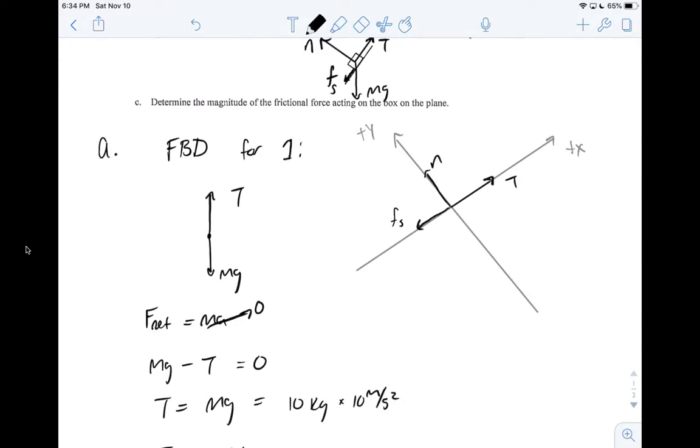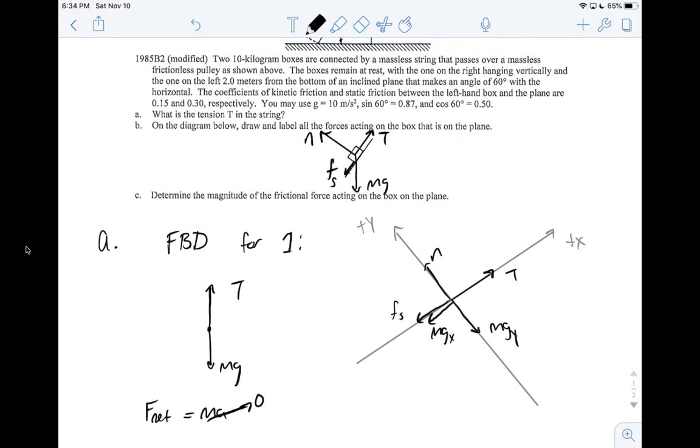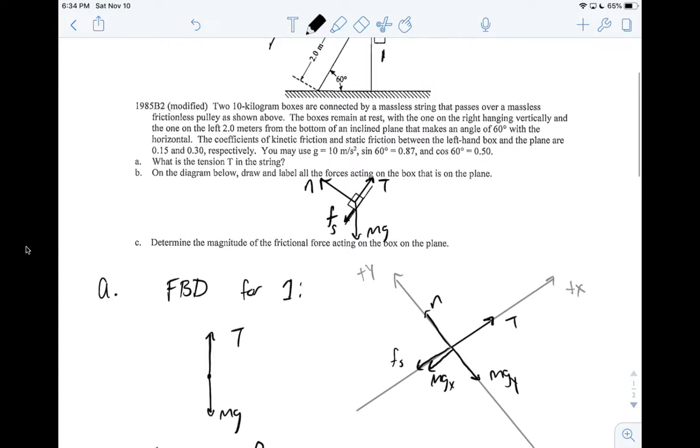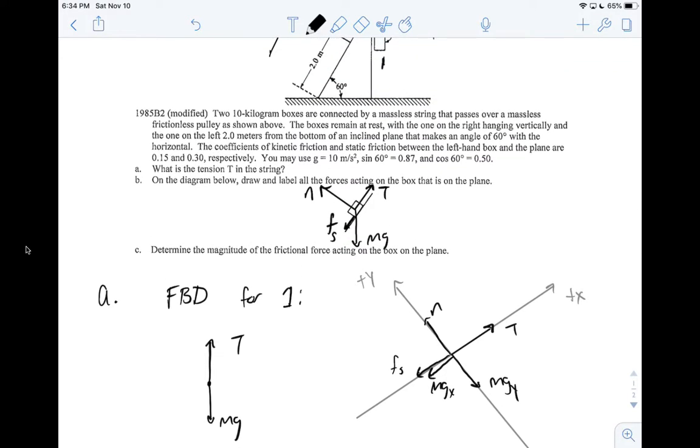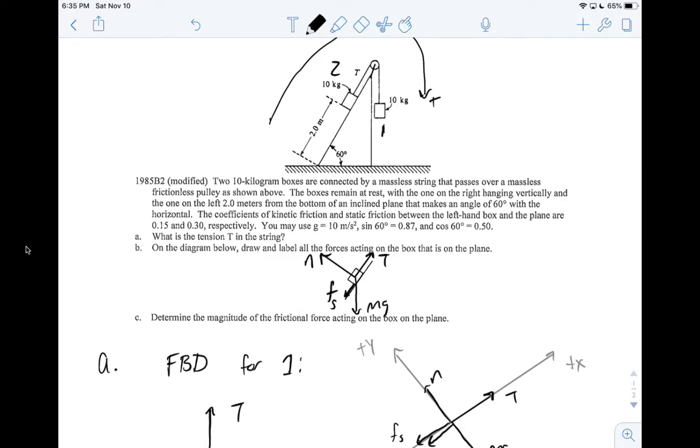mg has a y component, we'll call it mgy, and then an x component going this direction, call that mgx. Since we had to rotate our axes so that the x-axis lines up with the slope of the ramp, that means that we turned it an angle of 60 degrees.